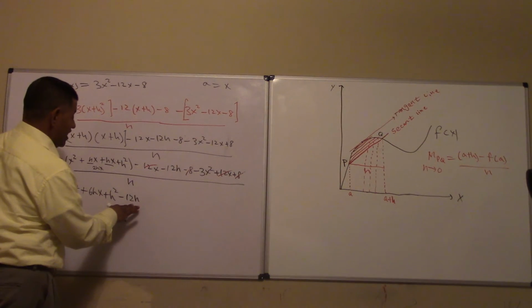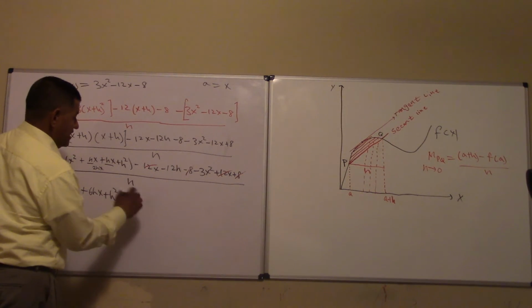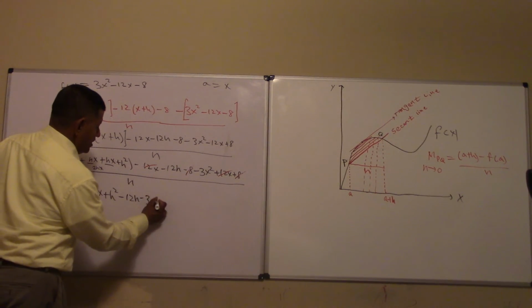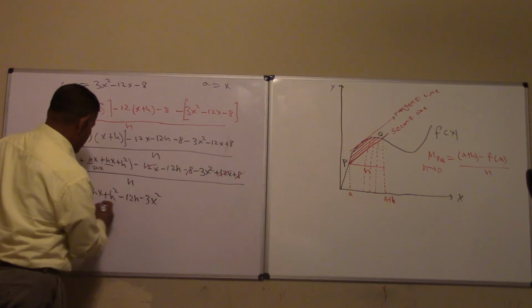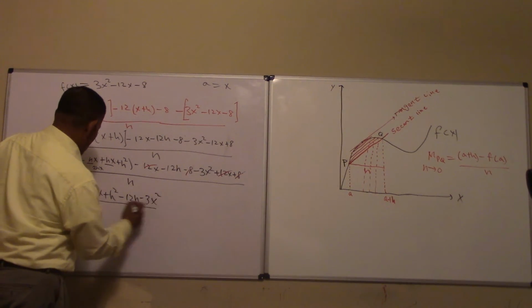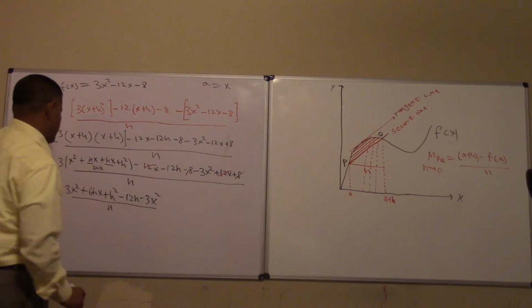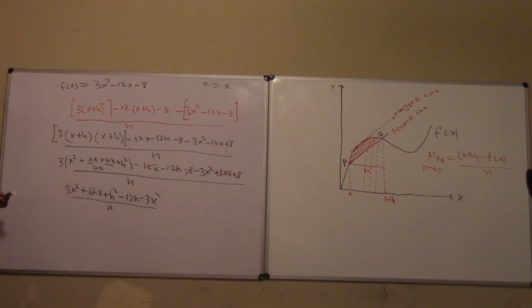So it's 12H and then minus 3x squared, all over H, right?